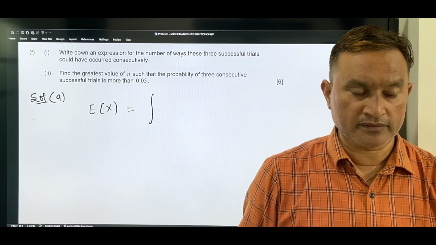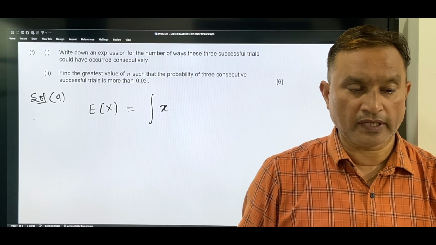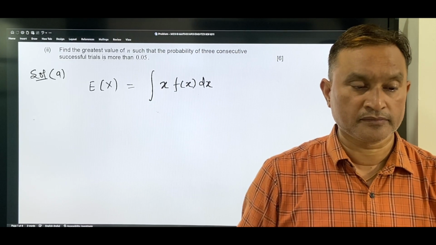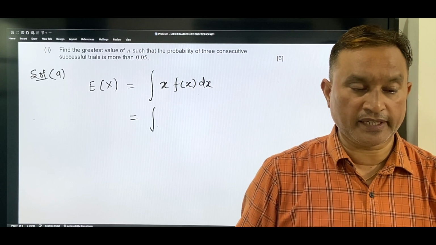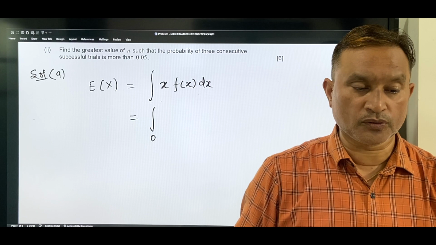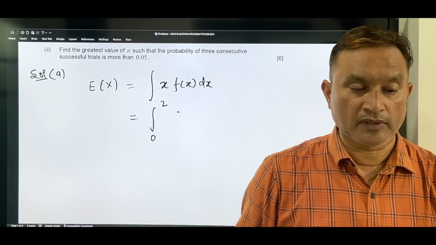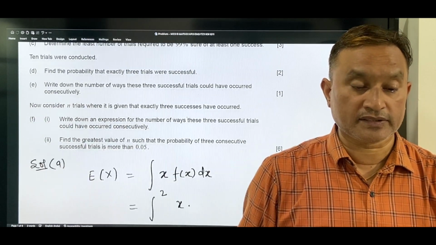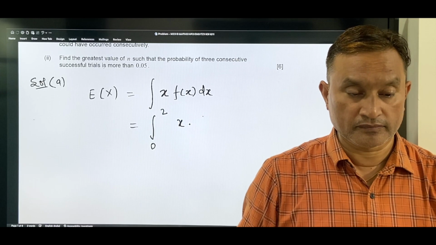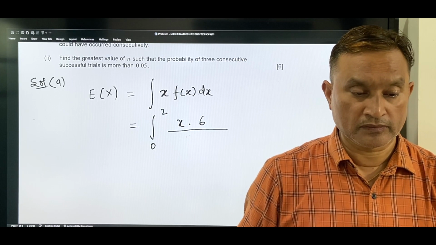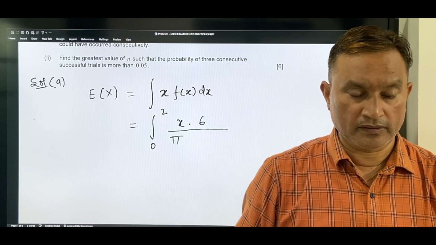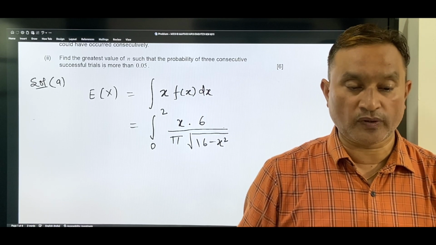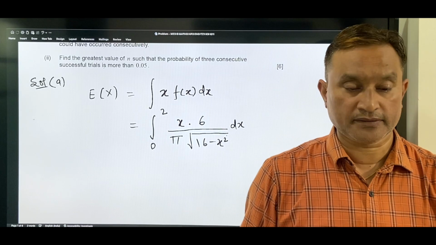So integration of x f(x) dx, integrate between 0 to 2, x into, now the function given here, 6 upon pi square root 16 minus x square dx.